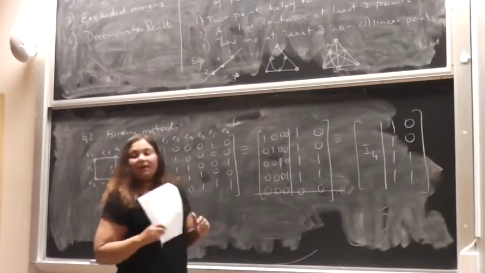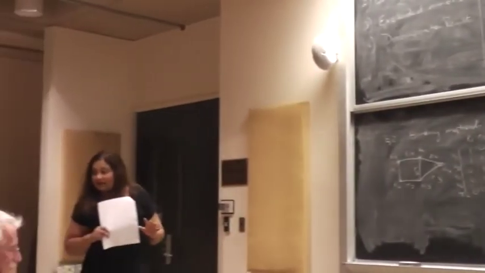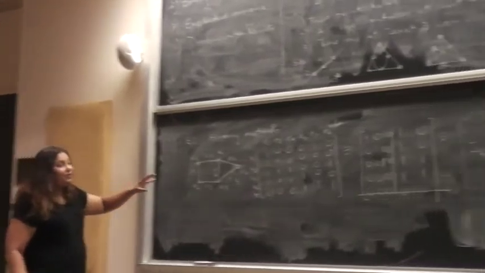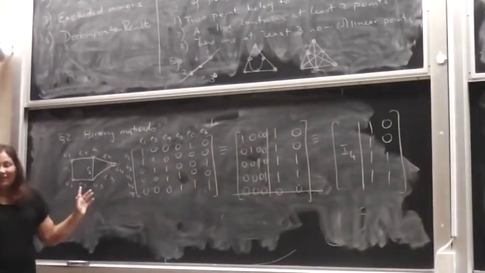This is how we think of graphs in matroids. So it's a variation on the incidence matrix. And we don't do this to get that matrix. You can get it directly.